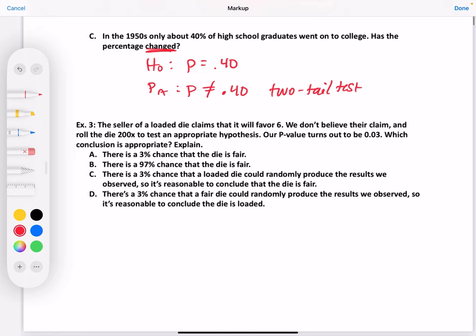So, this 0.03 here basically says that the probability of our sample results, or it is the probability of our sample results given that the null is true.